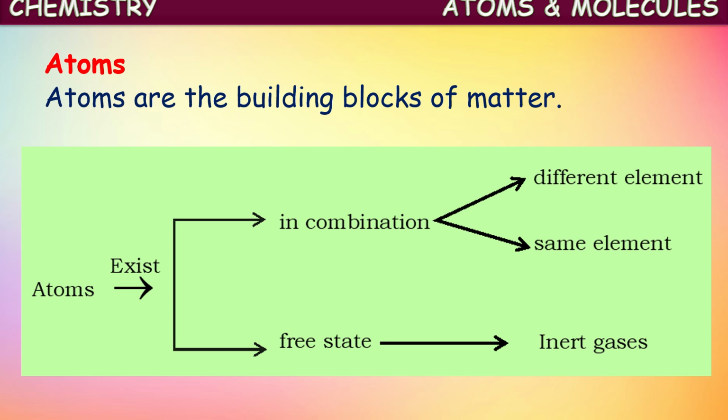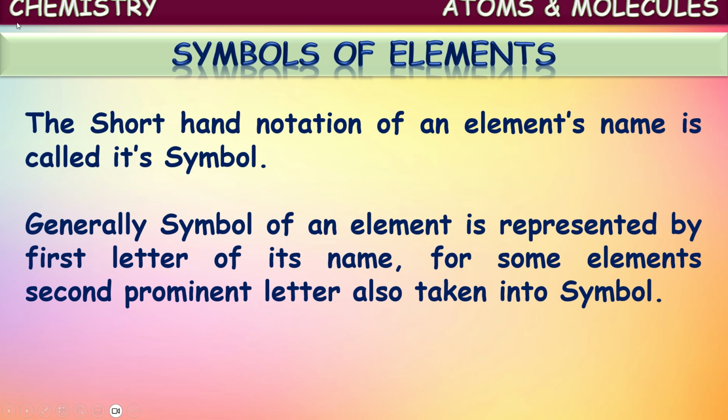Okay. Next, the symbols of atoms are given. Each and every element has its own name. But when elements take part in chemical reactions and while writing chemical equations, it is quite difficult to remember and write their full names.